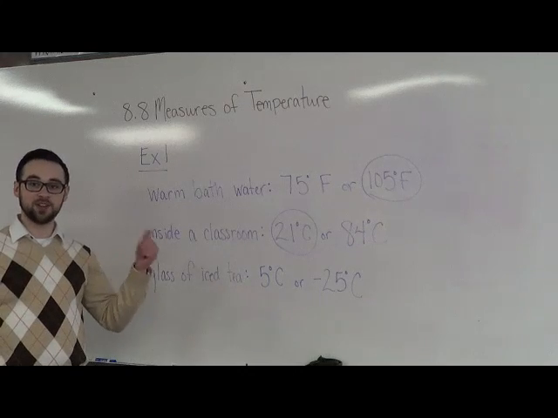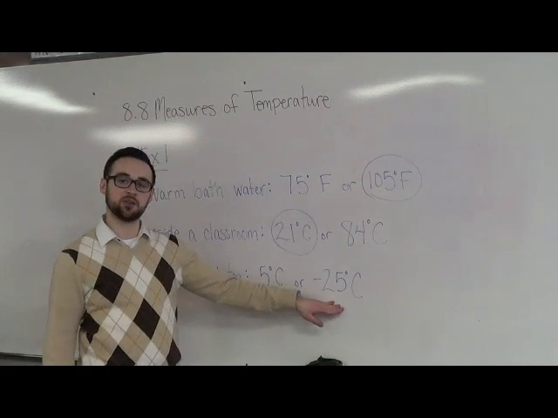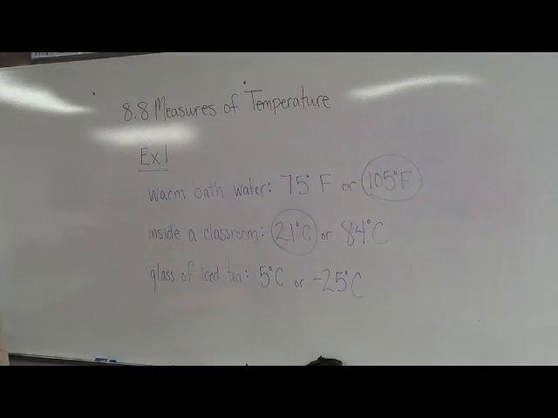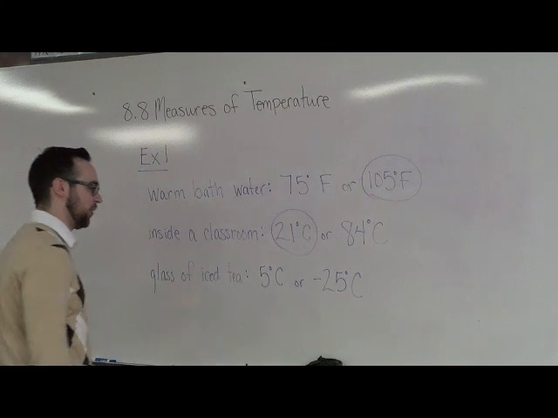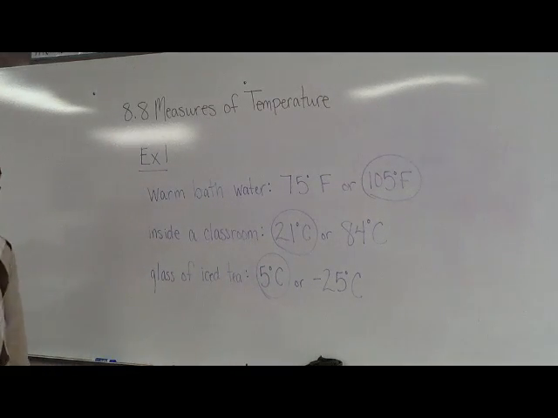With water, it freezes at 0. So if I go all the way down to negative 25 degrees Celsius, it's going to be a frozen glass of ice. It's not going to make any sense for that to be way down there. So we're going to choose that 5 degrees Celsius.